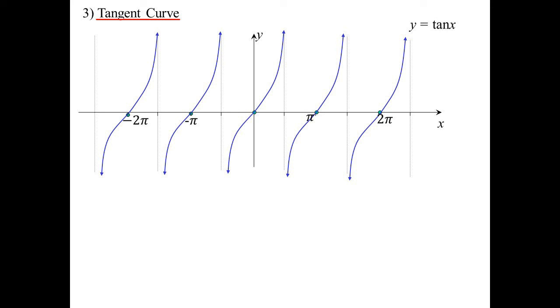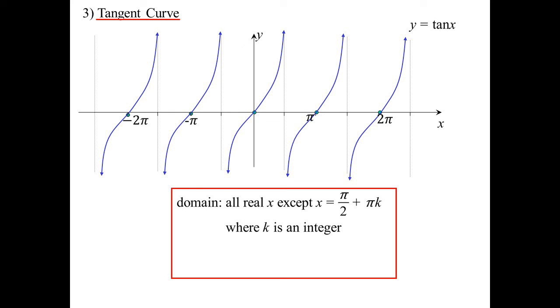Well, the domain, how do you write this one? You've got all these exclusions, so I write it using a generalisation. It's all real x, except, so I've got my first asymptote at pi on 2 here, but then every pi, there's another one before and below. So I'll say pi times k, where k is some integer. So every multiple of pi before and after will get an asymptote.